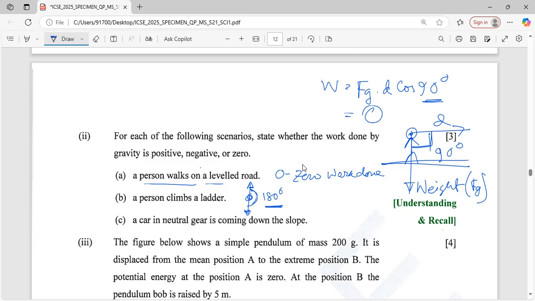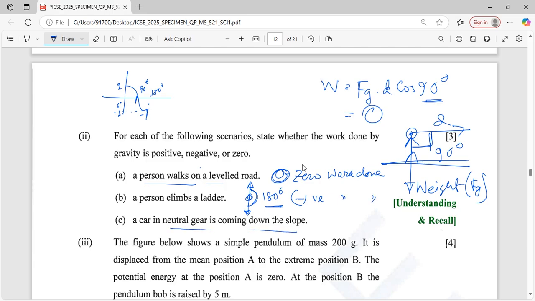Now to draw cos 180: cos 0 degree is 1, cos 90 degree is 0, and cos 180 degree is -1. So we get a minus, which means negative work done.